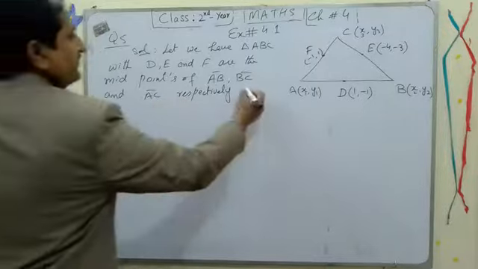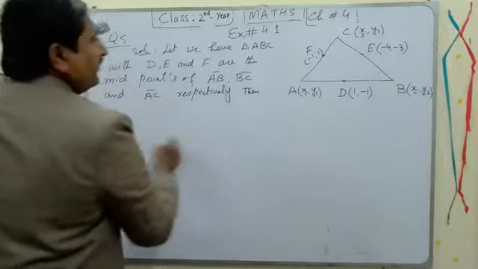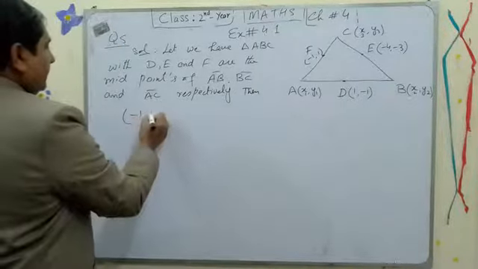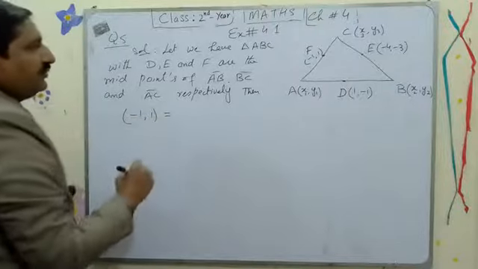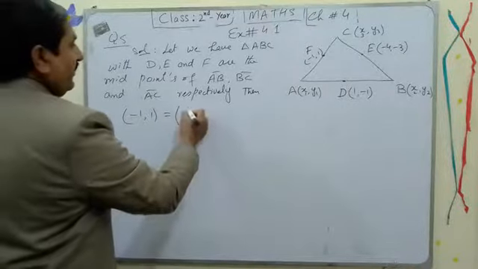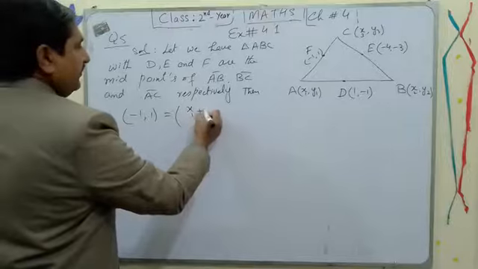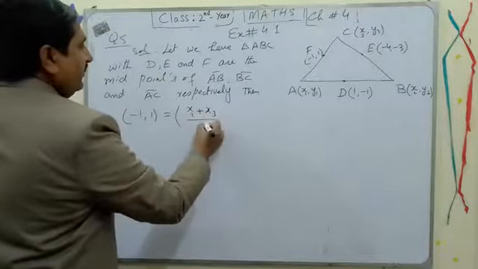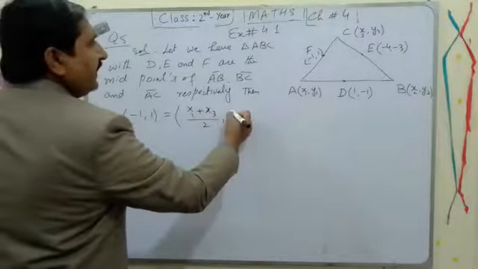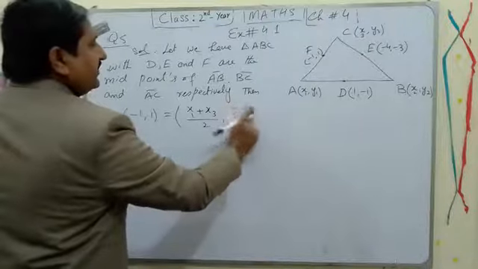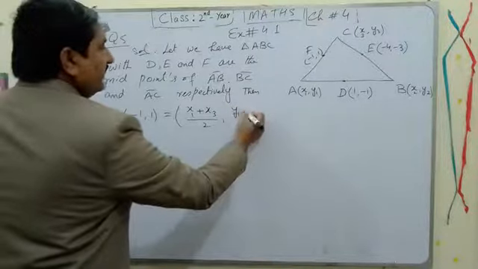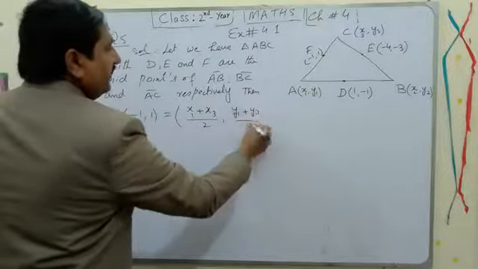Let's see, then it means that (minus 1, 1) is equal to ((x1 plus x3) divided by 2, (y1 plus y3) divided by 2).